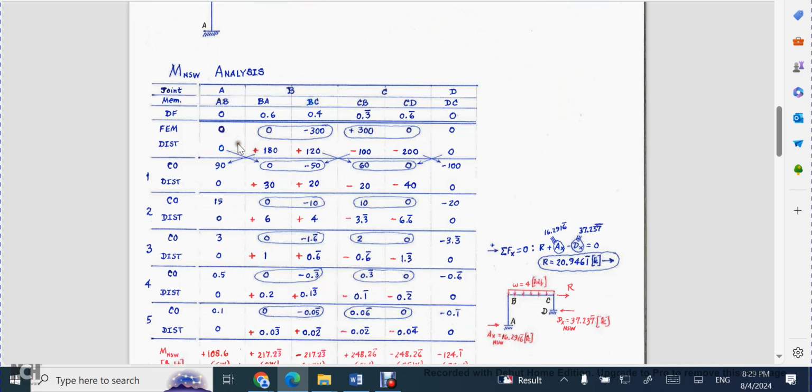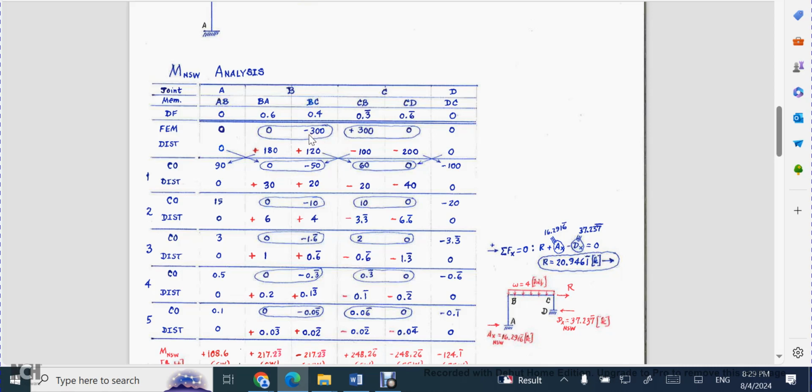The next thing you want to do, and I've tried to encircle these representing joint B and encircle these representing joint C, is then you want to unlock joint B, and then you want to apply an opposite moment. So we have presently a counterclockwise 300 kip foot moment. So I'm going to impose a clockwise 300 kip foot moment.